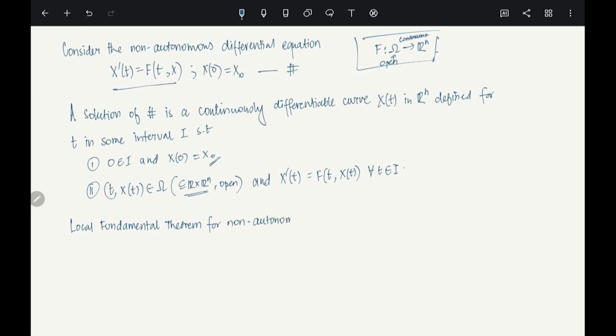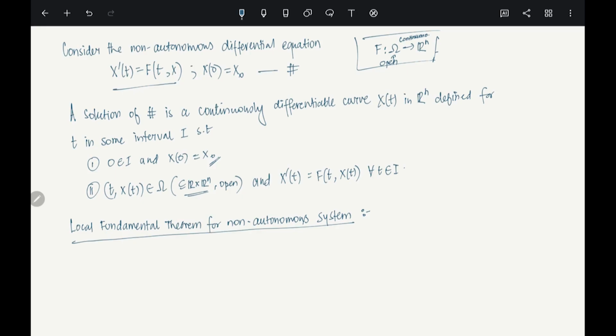Okay, and what does the theorem say? Let's just look at it. This theorem I am not going to prove. First of all, the proof is exactly the same sort of proof which you did for autonomous systems, just an extra variable t is there. So you have to modify it accordingly, but the thing is this is exactly the same. So I am not doing it. Please do it for yourself. You have to check that part.